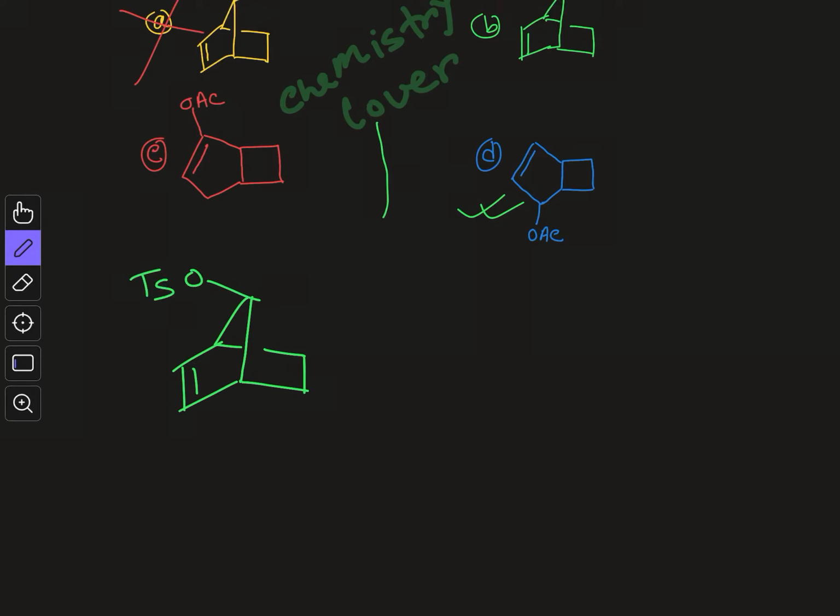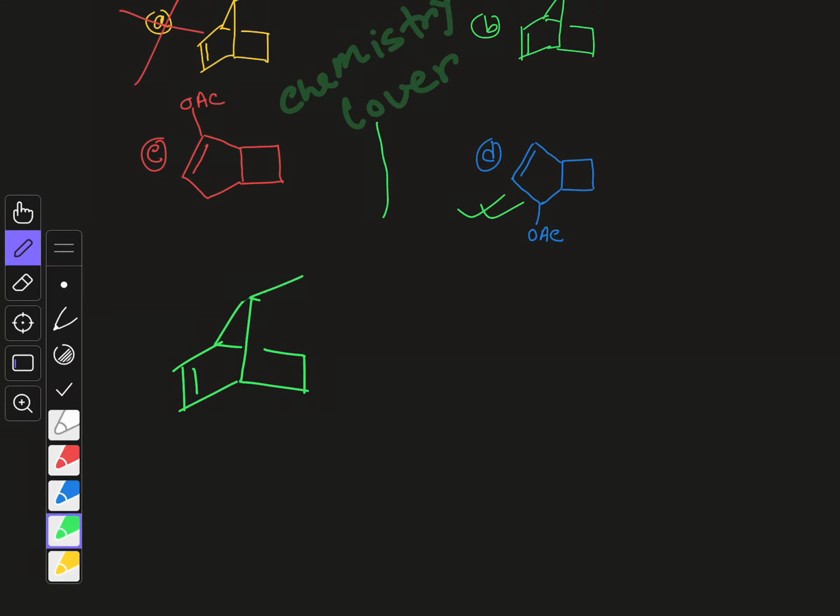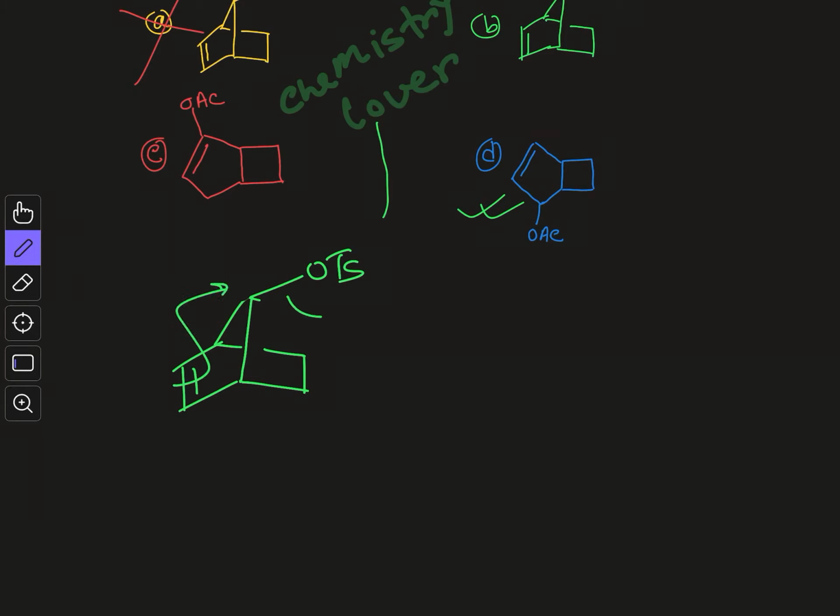Now if a slightly different question were given, for example, if you had a compound like this where the OTs group is on this side, then you are already familiar with this: this double bond does neighboring group participation, and you will have this bridging, non-classical carbocation over here, and this side is blocked.